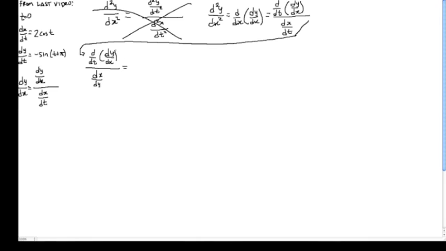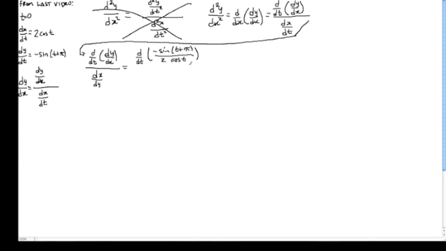Okay, so that's going to be the derivative with respect to t of the first derivative, right? What's the first derivative that we got? Well, I didn't write it down, but the first derivative that we got was actually negative sine t plus pi divided by 2 cos t.